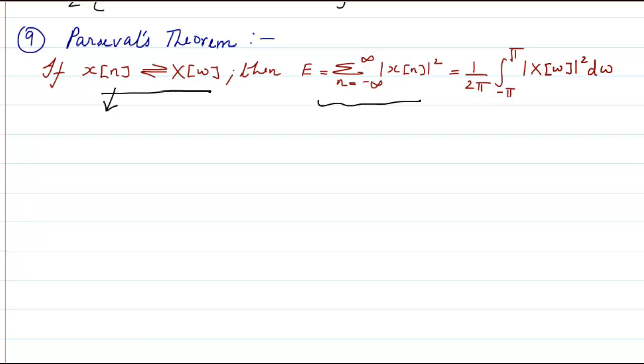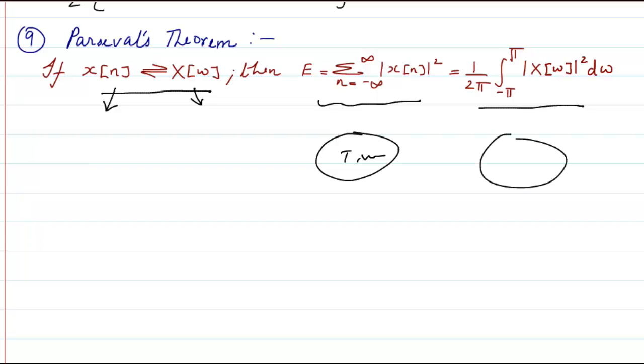At the same time, if you know x of omega, you can calculate the energy directly from x of omega using this particular equation, which is the energy inside the frequency spectrum. What Parseval's theorem states is that whatever energy you calculate in the time domain, you will get the same energy in the frequency domain also. That is basically what this is trying to say. So let us prove this.